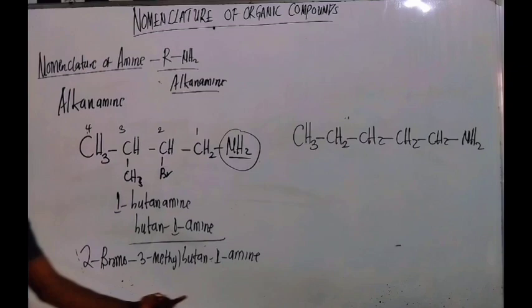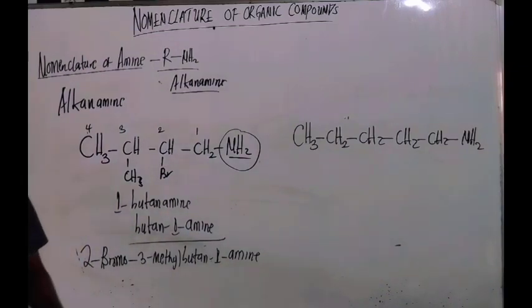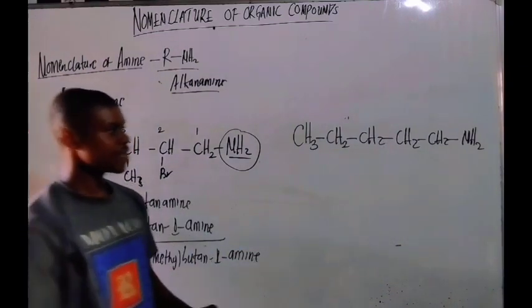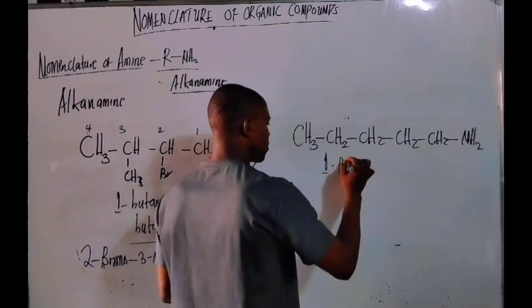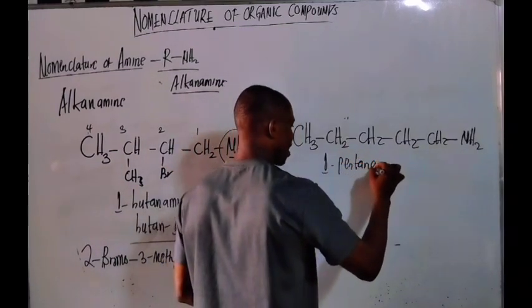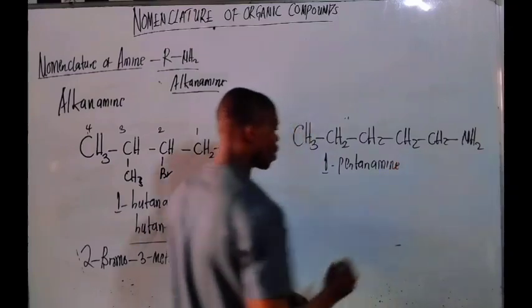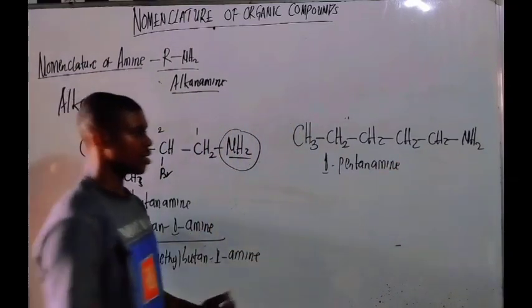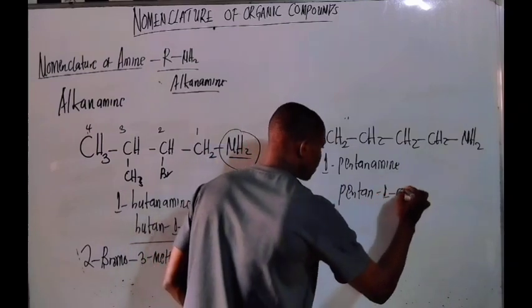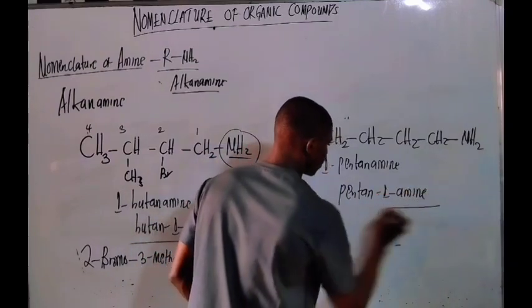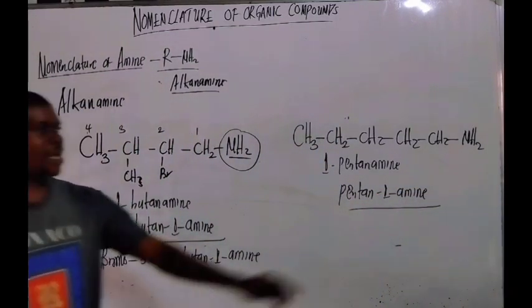That is it. So what is this one here? Now this one has 1, 2, 3, 4, 5 carbons. 1-pentanamine. Do you understand? 1-pentanamine, or you can say pentanamine. That is it.